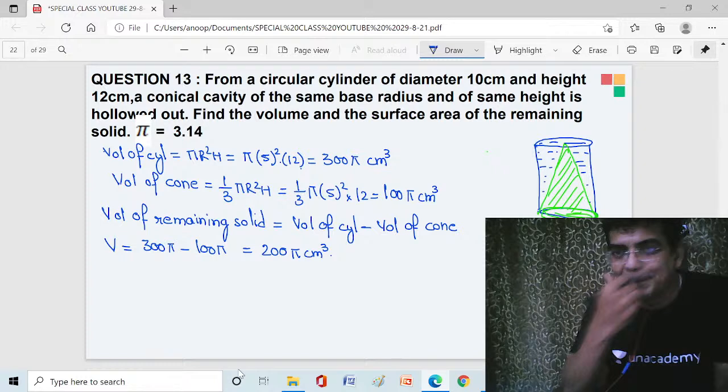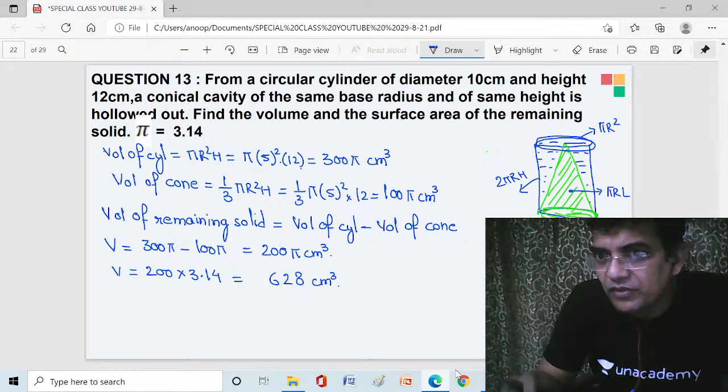But a cavity has been made inside. So if you look inside, you will be finding the curved surface area of a cone, which is pi r l. So altogether, if a cavity has been drilled in the cylinder, three surfaces are left.